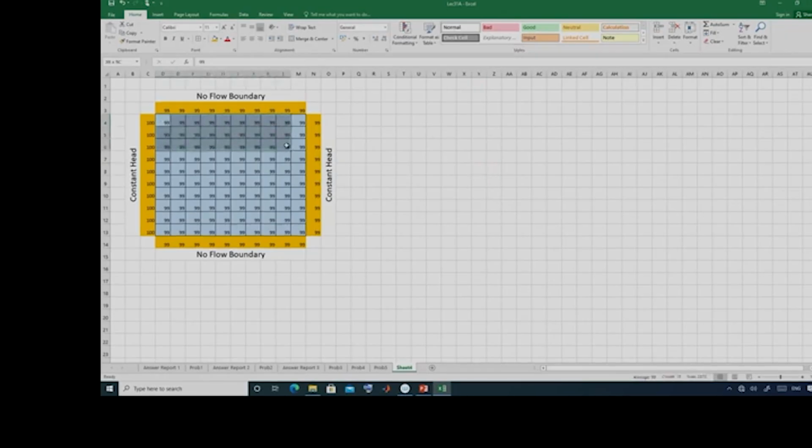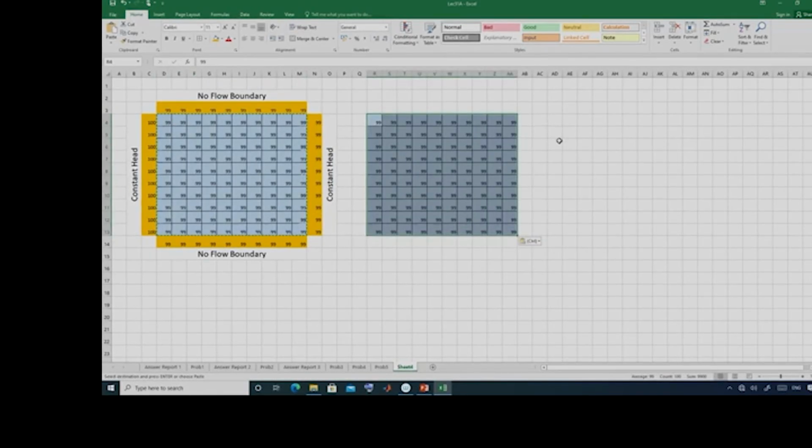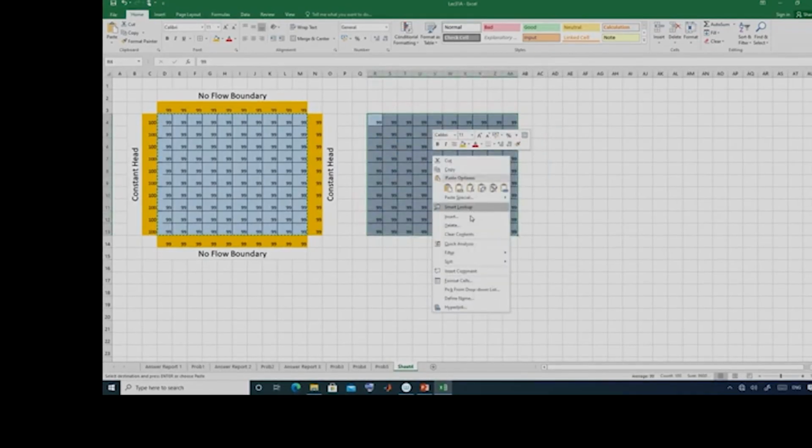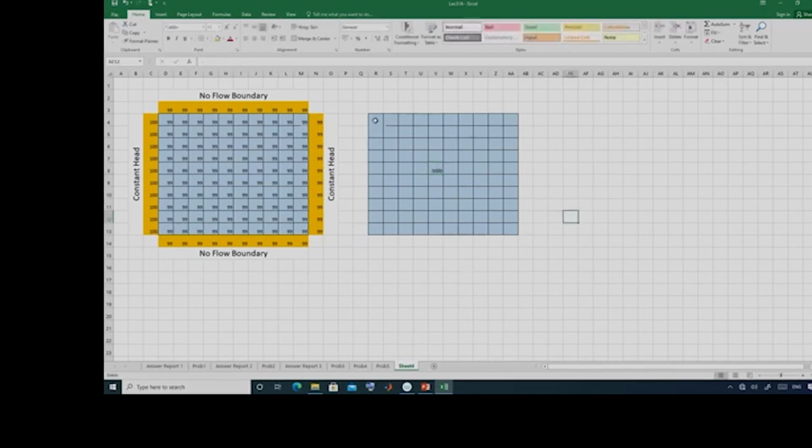Now, let me define the pumping value, that source term here. Suppose I have a source here and this is around 5000, this is the source, and for others this will be equal to 0.